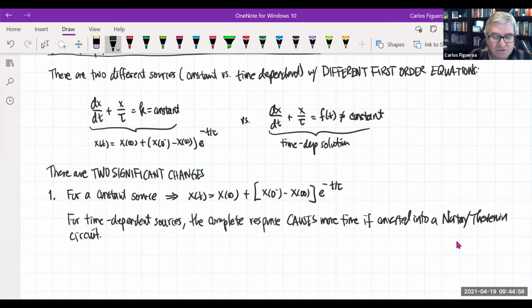It just costs you more work to convert it into a Norton-Thevenin circuit, and then try to do that.